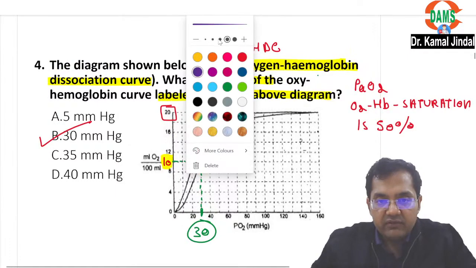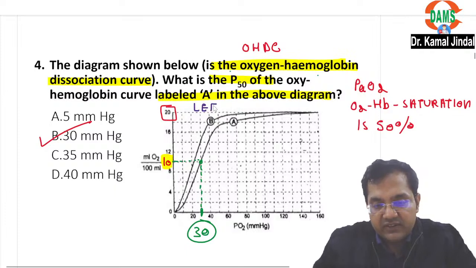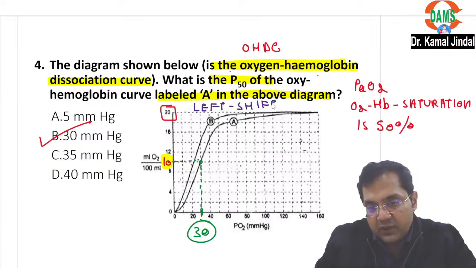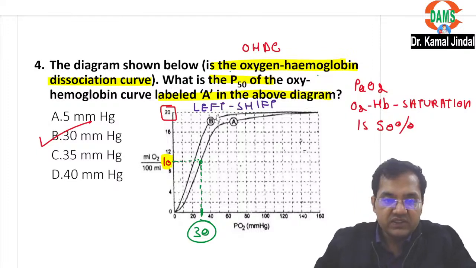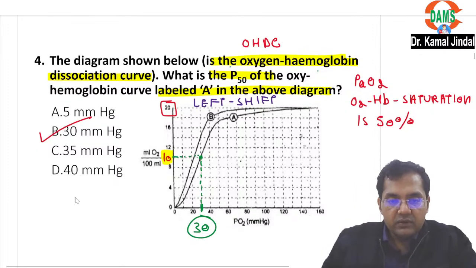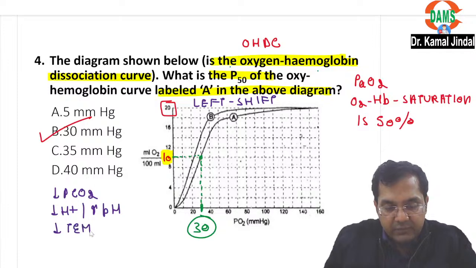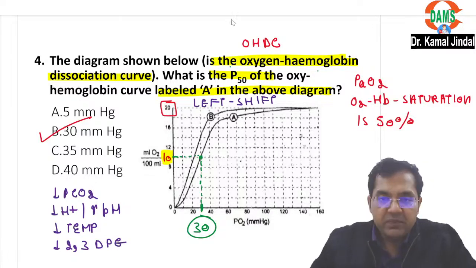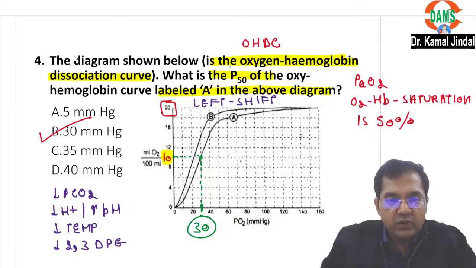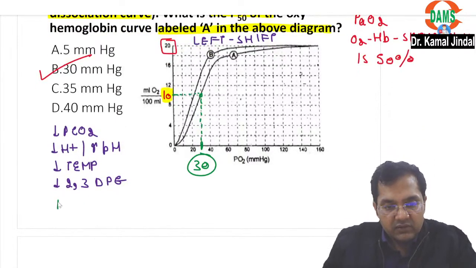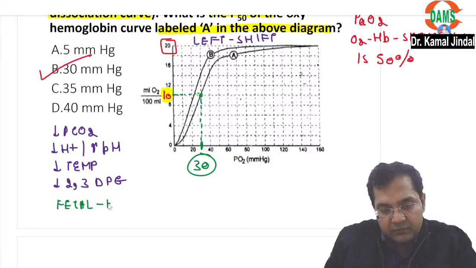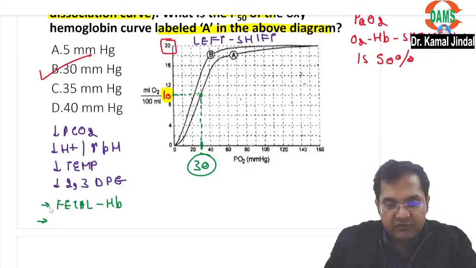So again, very, very important, which factors can cause left shift? Remember, there are so many factors, such as decrease in PCO2, decrease in hydrogen ion, increase in pH, decrease in temperature, decrease in 2,3-DPG, and some important ones which you must know, such as fetal hemoglobin, because gamma chains have poor affinity for 2,3-DPG.